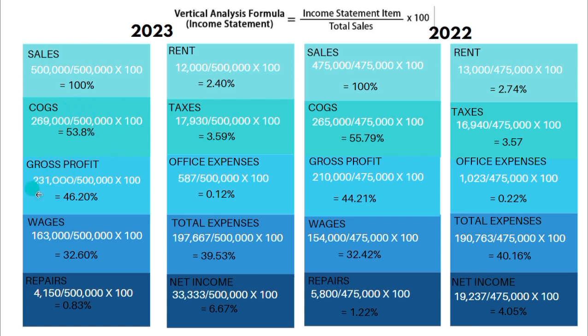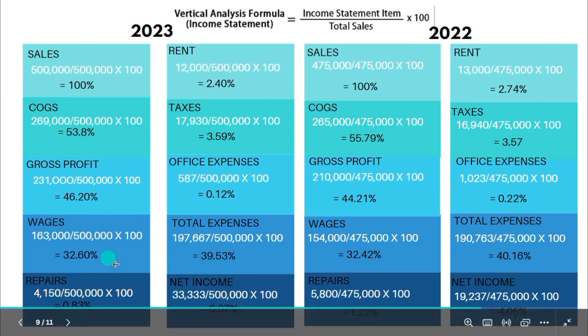For the gross profit, 231,000 yung amount, divide by 500,000 which is yung sales, times 100 is equals to 46.20%. For the wages, 163,000 which is yung amount ng wages for 2023, divide by 500,000 which is yung sales nung 2023, times 100 is equals to 32.60%.